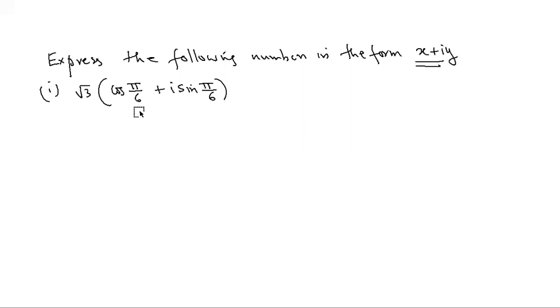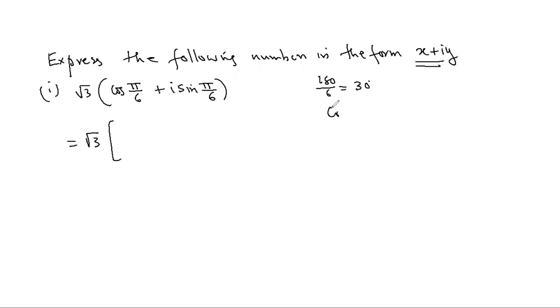Now, it is given to us in polar form, and we have to write it as x plus iy. That means we have to make it into Cartesian form. Just put the value of this, you get the answer. That is root 3 into cos pi by 6, 180 by 6, that is 30 degree.